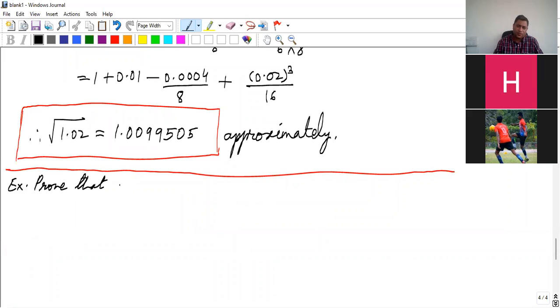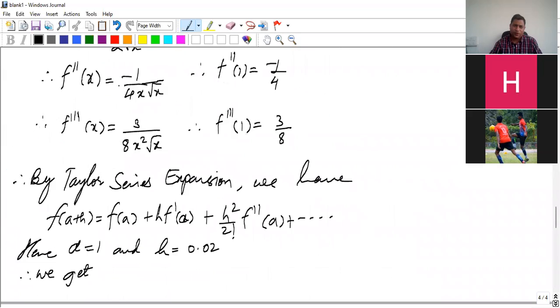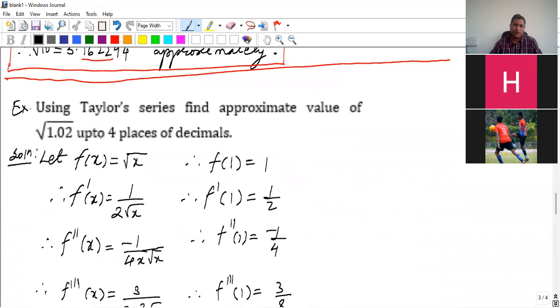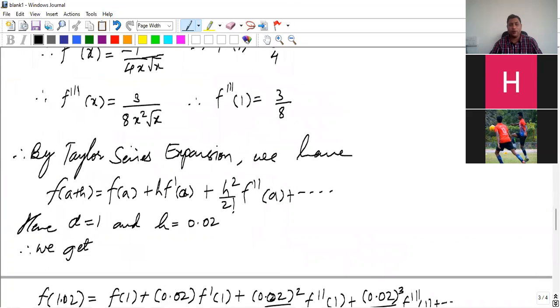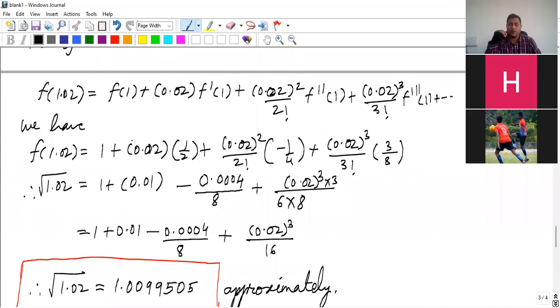Excuse me, sir. In the question they have given we have to calculate up to 4 places, then we can round off? Yes, in the question it is asked that we have to go up to 4 decimal places, so you can round off also. But I want you to write more digits so that it can be compared that you have calculated using Taylor series and not using a calculator.